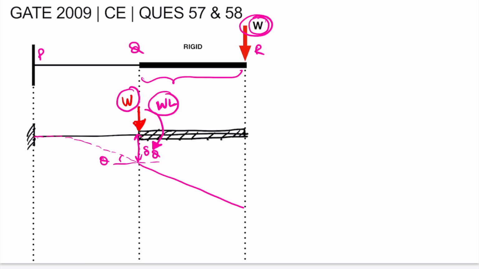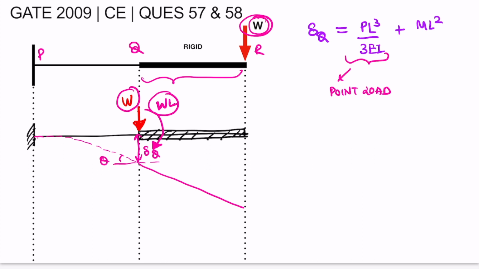Therefore from standard deflection formula, the value of delta Q will be PL cube by 3EI, that is the deflection due to point load, plus ML square by 2EI, that is the deflection due to moment.